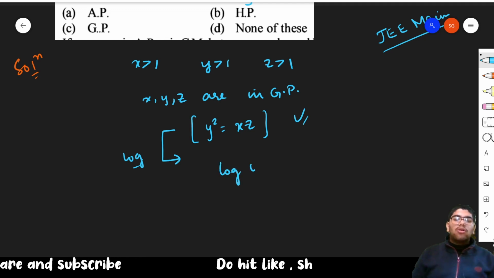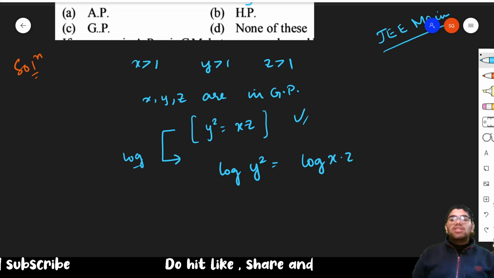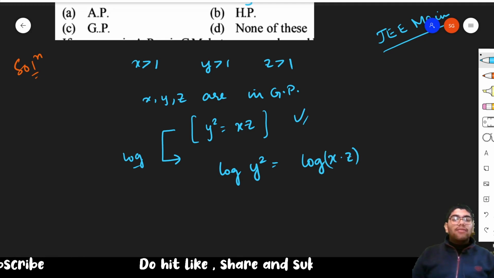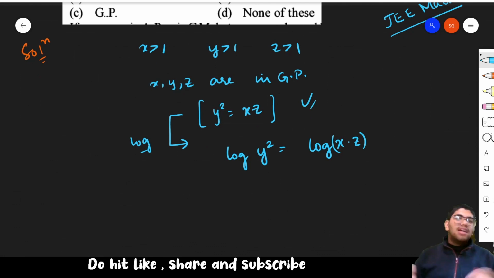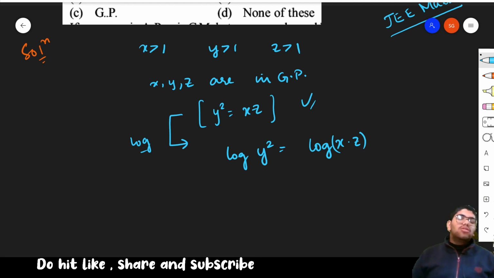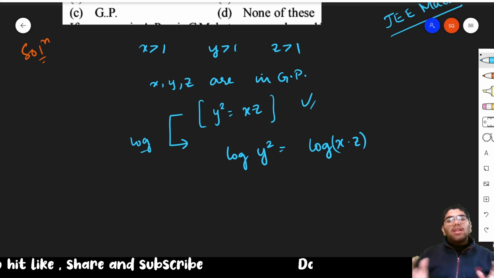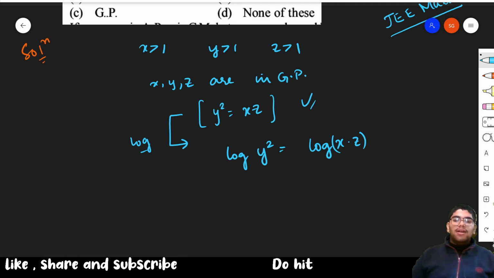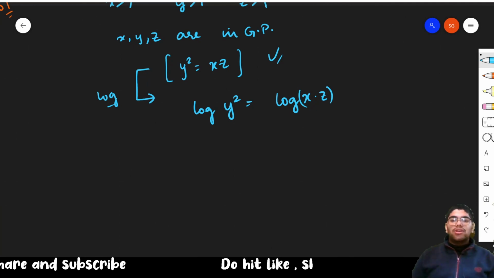So log of y square is equal to log of x times z. Of course, we have been given that these numbers are greater than 1, hence these numbers are positive, and since they are positive, x times z is positive, and hence my logarithm is actually defined. That can be a way that the examiner wished us to think.